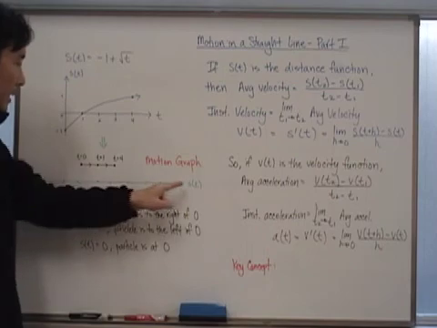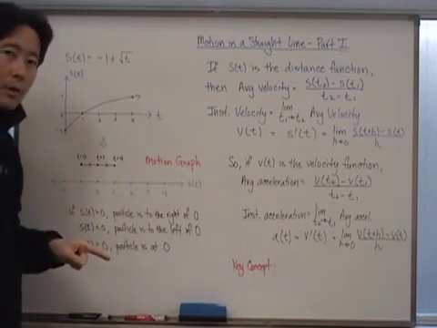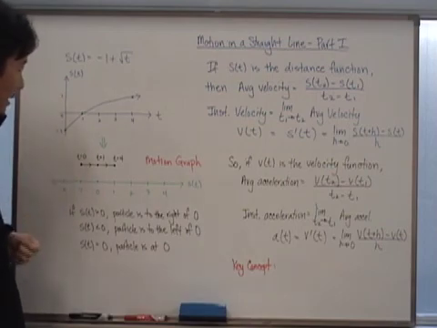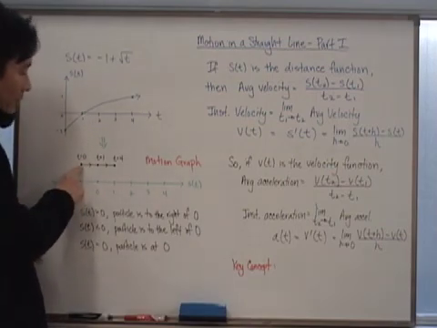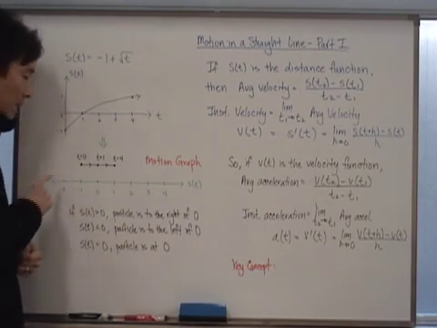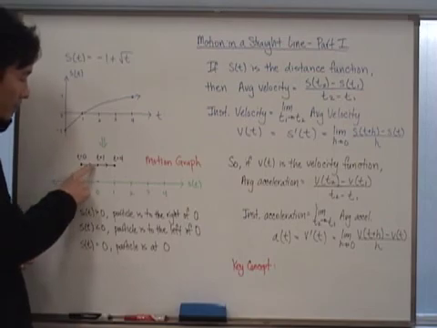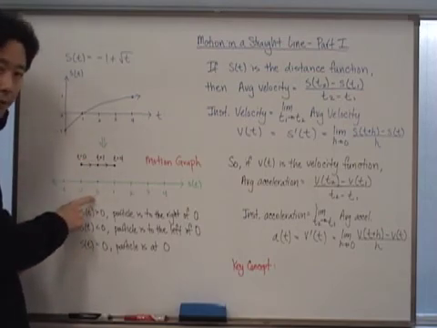So if the position is 1, the particle is there when time is equal to 4. Also take a look at what I've done: I've also shown the direction in which the particle is moving. When t is equal to 0, the position was at -1. It's moving in the right direction because when t is equal to 1, the position was at 0.